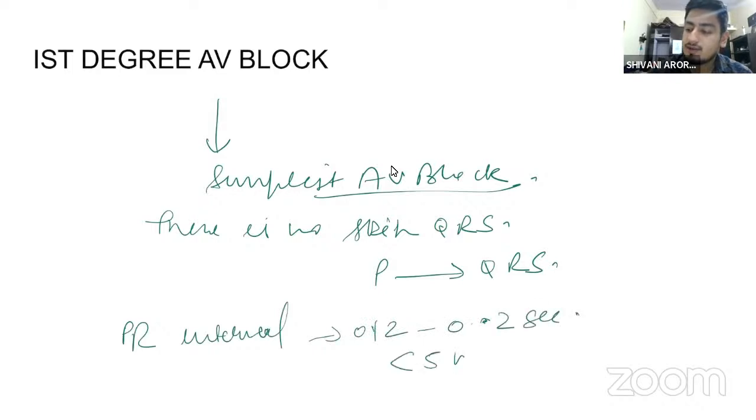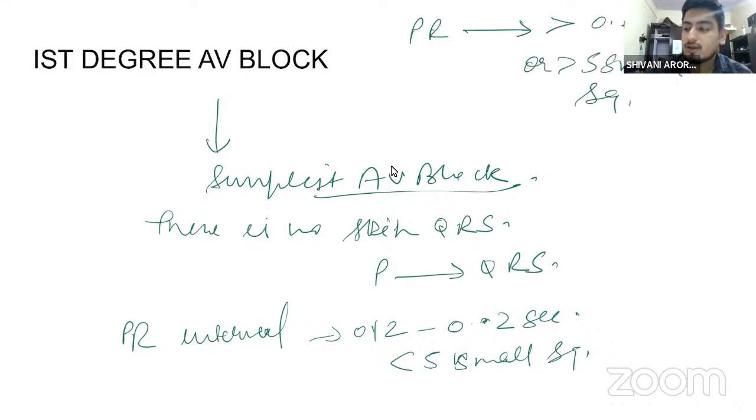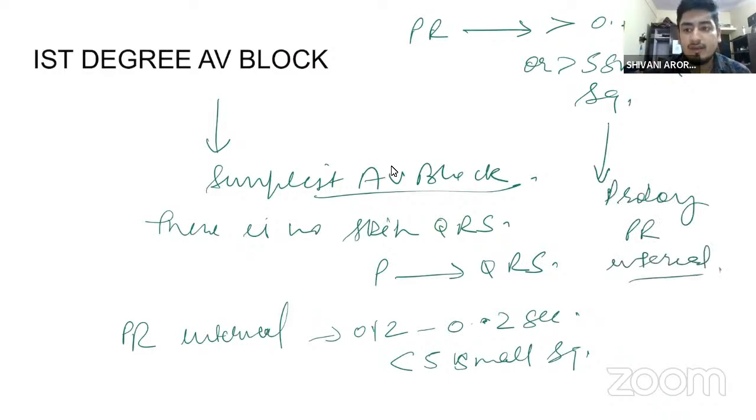It is less than 5 small squares. Clear? So if this PR interval is more than 0.2 seconds or more than 5 small squares, this is prolonged PR interval. So in first degree AV block, we only have this prolonged PR interval, but there is no skipped QRS. This is called as first degree AV block.